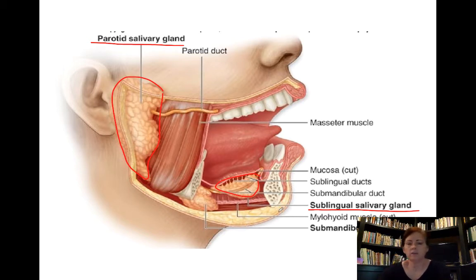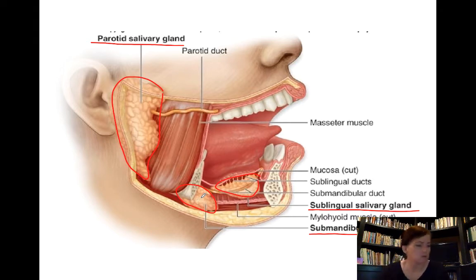And then our third type of salivary gland is the submandibular salivary gland, and that's going to be this gland right here. Basically, they've resected the bone here, but if you palpate your mandible and you go just inside of that, just medial to your mandible, that's where your submandibular salivary gland would be on each side.